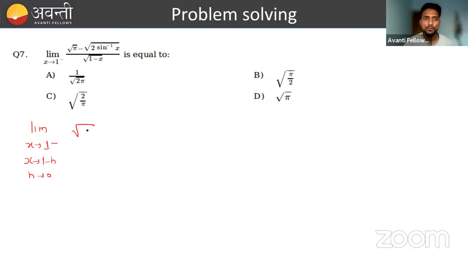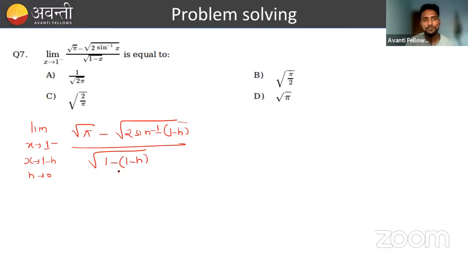So this is root pi minus root 2 sine inverse x. Here x means 1 minus h, and then root under 1 minus x. In place of x, I can write 1 minus h, no issue with that.